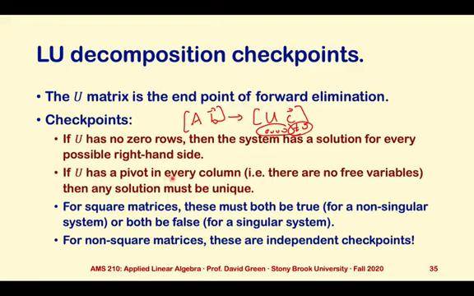Is there a pivot in every column, or are there no free variables? If there are free variables, we have multiple solutions for the right-hand sides that happen to have a well-defined solution if there are also zero rows. Okay. So we have our checkpoints built in to U.